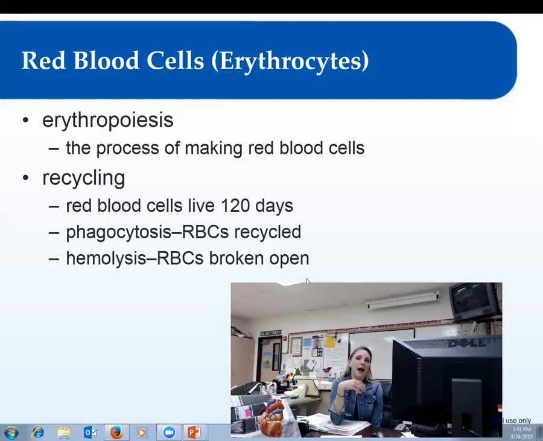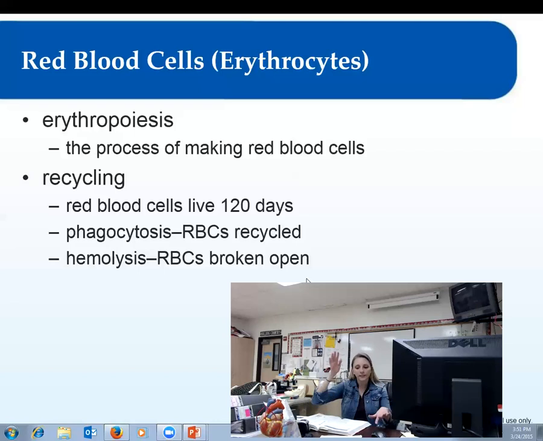Then our oxygen levels go back up, so our blood gets to where it's carrying enough oxygen. Our kidneys catch hold of that and decrease the amount of erythropoietin that they're secreting, which in turn slows down the erythropoiesis process of making those cells in our bone marrow.